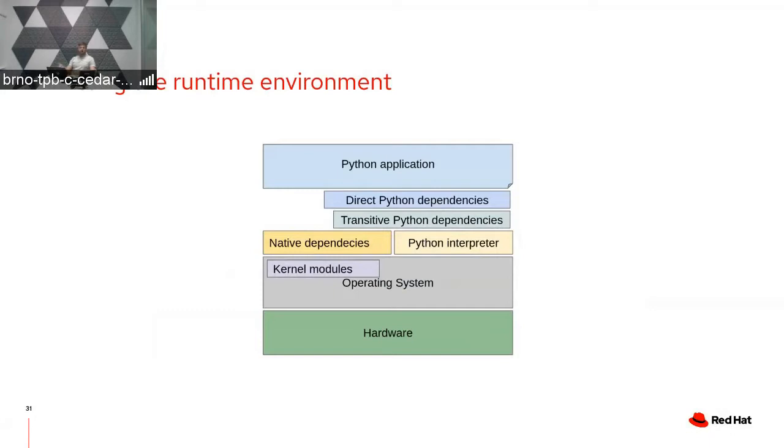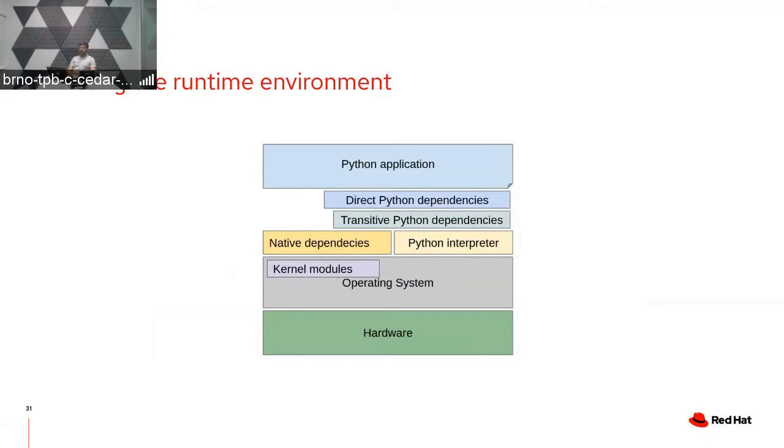This Python interpreter can be in a specific version, so it can be Python interpreter version 3.8, 3.9, 3.10. Native dependencies required could be, for example, Git to be present in the environment if you are using a dependency that manages Git repositories.